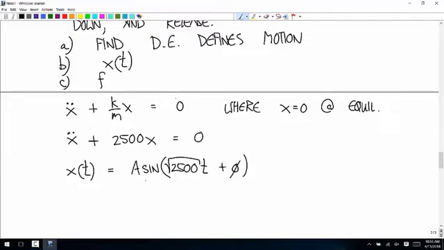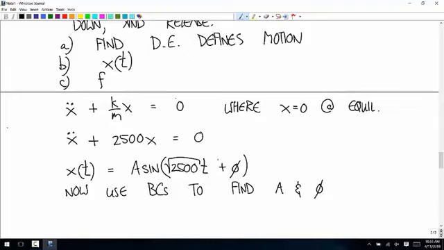That's not really an explicit solution yet because we don't know what a is and we don't know what phi is. So now we're going to use the boundary conditions to find a and phi.